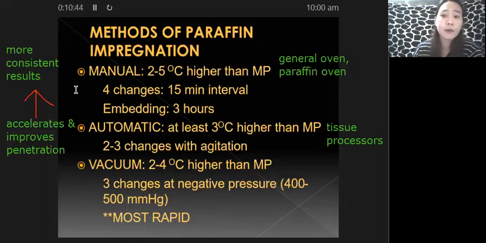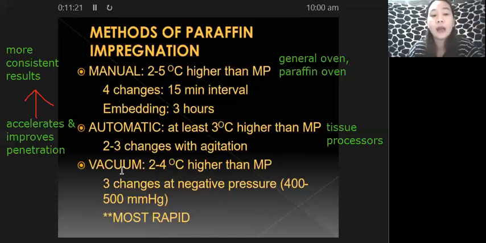Like I said, you cannot put your hand inside the oven and stir the paraffin wax or move your sample. So if you compare the consistency of results, automatic paraffin impregnation provides more consistent results because the subjectivity of the procedure is already removed. It's the tissue processor which will perform your paraffin impregnation in the presence of agitation.